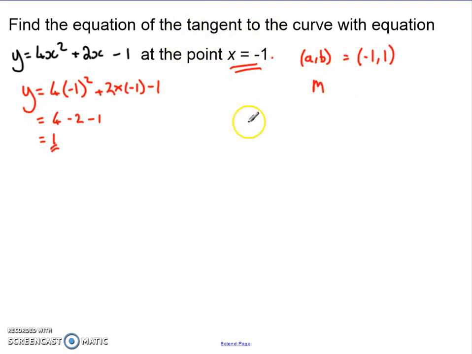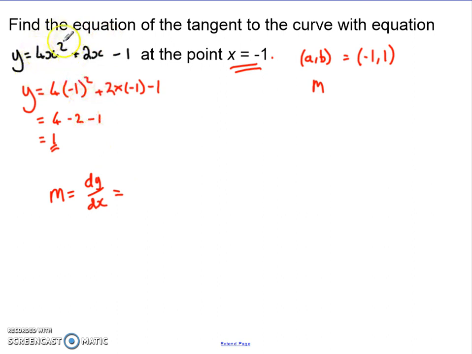What I now need to do is calculate the gradient. Well, remember, we said the gradient was the derivative. So in this case, it's going to be dy by dx at the point x equals negative 1. So what I have to do is figure out what the derivative is and then substitute it. So think back to when we did the basics of differentiation, how we calculate the derivative of this.